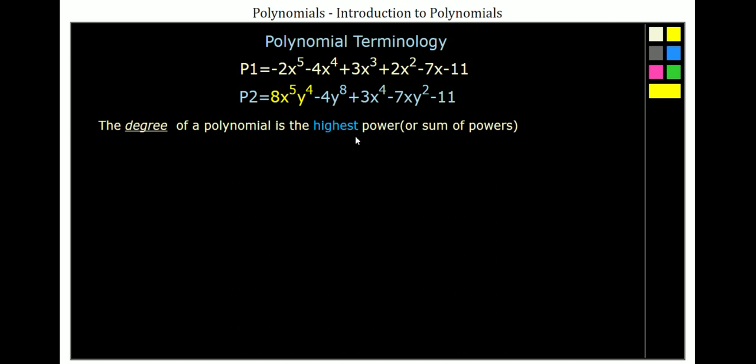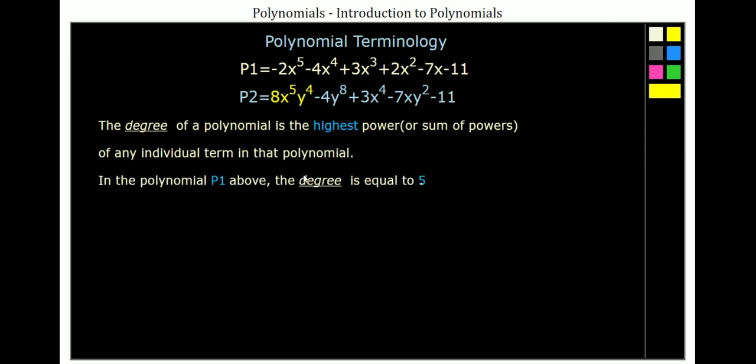The degree is the highest power or sum of powers of any individual term in that polynomial. The degree is very important. It really helps describe the value of a polynomial when x gets very, very large. It's a very important property of a polynomial.